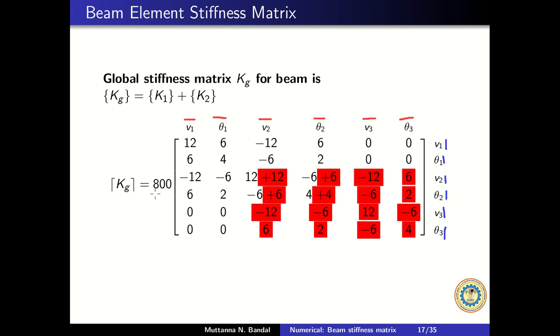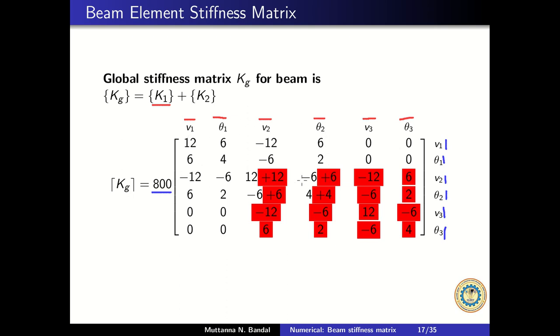Since 800 is common, I'll take it as common, and I will take the stiffness matrix of K1, which is 12, 6, minus 12, 6, 6, 4, minus 6, 2, minus 12, minus 6, 12, and minus 6.